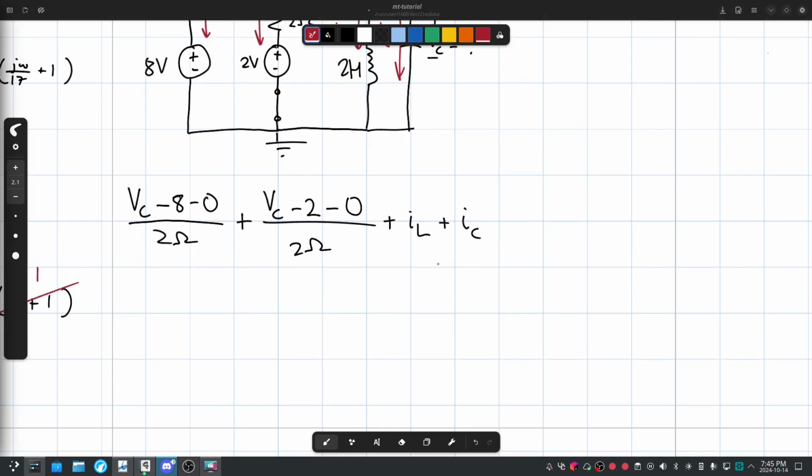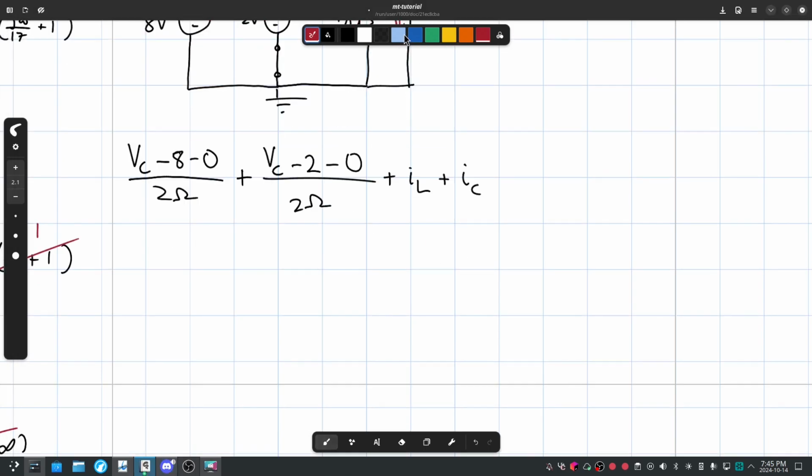Yeah, I got the angry DM. This is all equal to 0. We're going to get 1/2 of VC minus 8, that's VC minus 8 over 2, plus 1/2 of VC minus 1, plus IL plus IC.